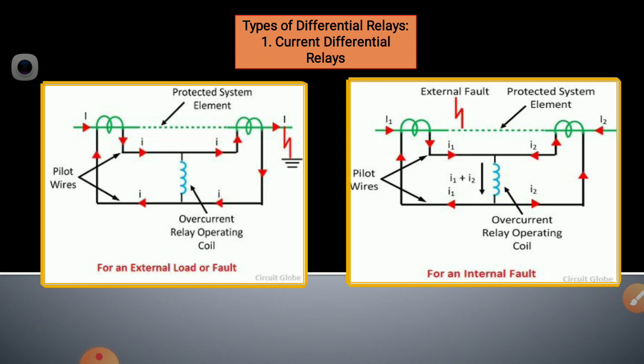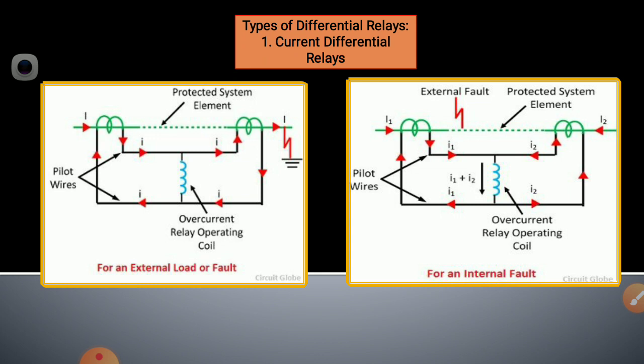But should a short circuit develop anywhere between the two CTs, an internal fault, the conditions will exist as shown.